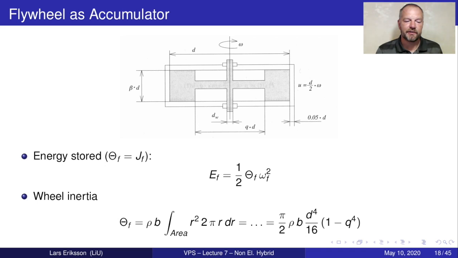The wheel inertia we can get by integrating the area in cylindrical coordinates, and then we get this formula for the inertia of the flywheel, where the d is the total diameter of the flywheel. The hollowing out is covered by this q parameter. So this q parameter gives us the opportunity to control the inertia, and since it's q to the power of 4, it vanishes fairly quickly when q goes below 1.